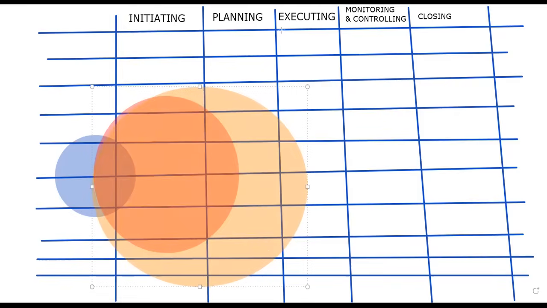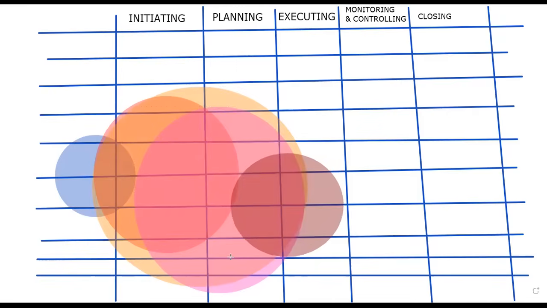Executing is very significant because that is where a lot of the work takes place, so there does have to be some heavy overlap with the monitoring and controlling aspects. And then closing is not as huge, but it could span across several phases before you close out. I just want you to have this bubble chart idea so that you're not just thinking linearly.